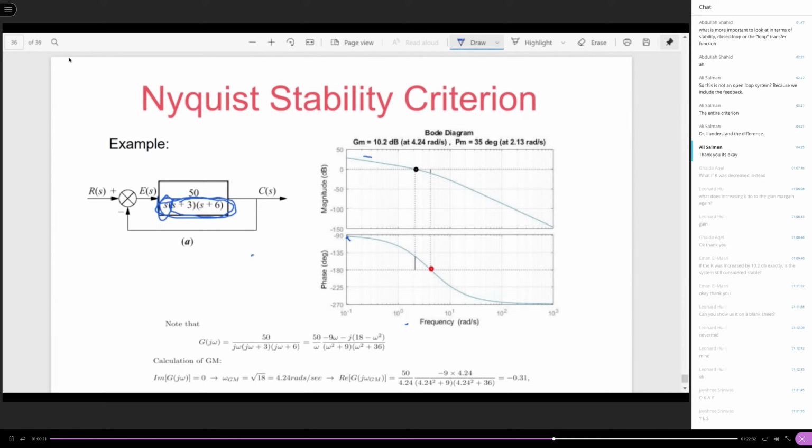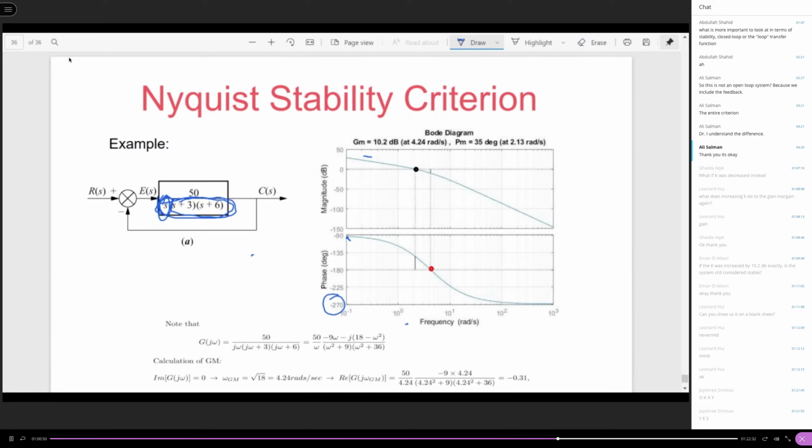It won't reach 0, because you have a baseline. The integrator always gives you negative 90 degrees, for sure. So your phase starts from minus 90 degrees, not from 0. But still, we say the range is between 0 and minus 270 degrees.